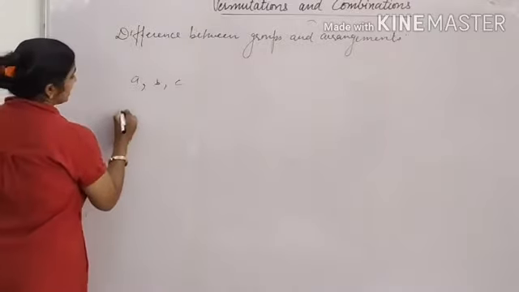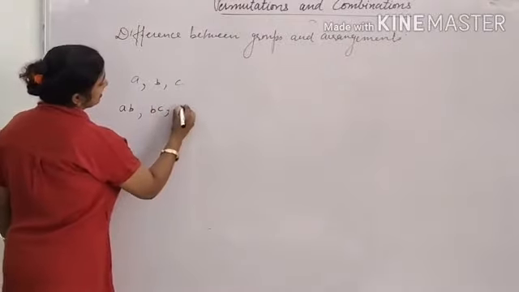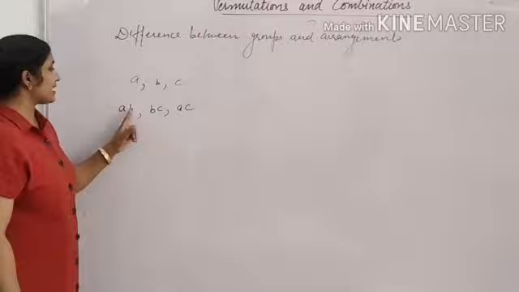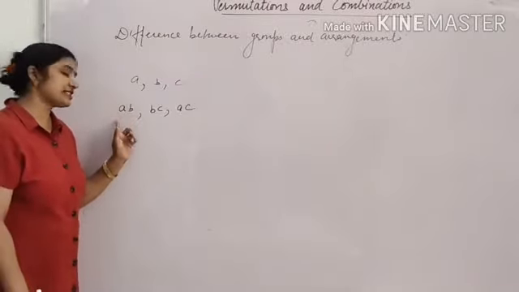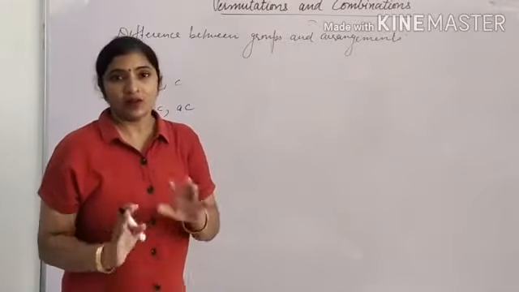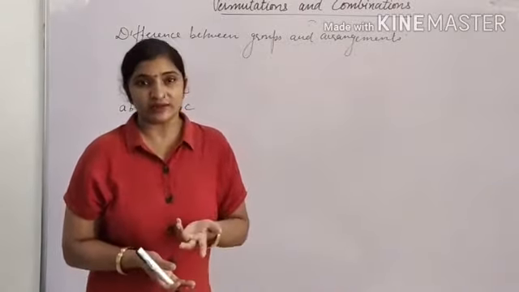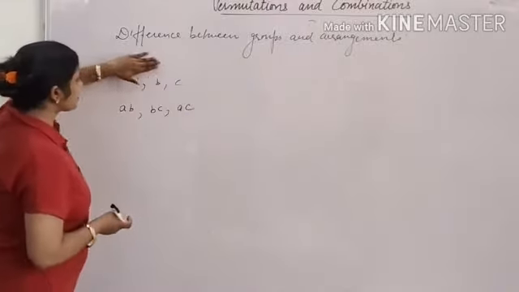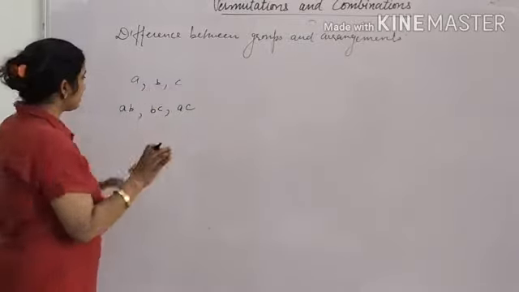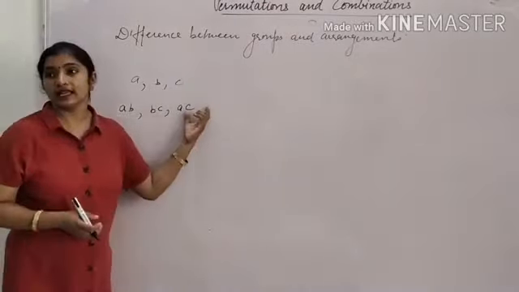We can select A and B, B and C, or A and C. It does not matter whether we write B first and then A, or A first and then B, because group means both A and B are there. So if we want to make a group of 2, we have 3 choices: A and B, B and C, A and C.